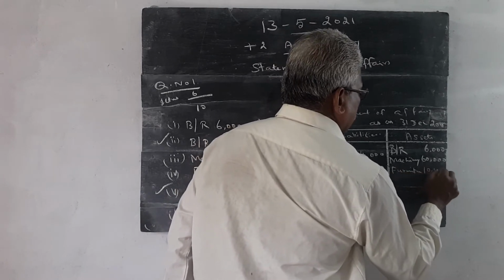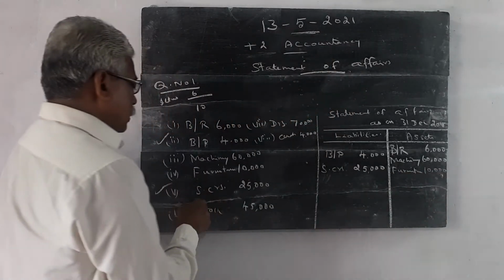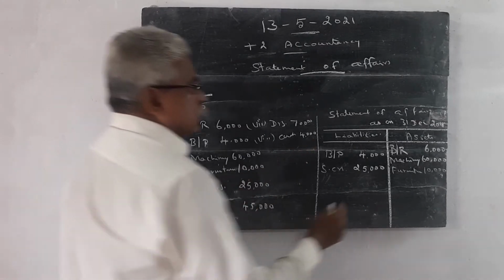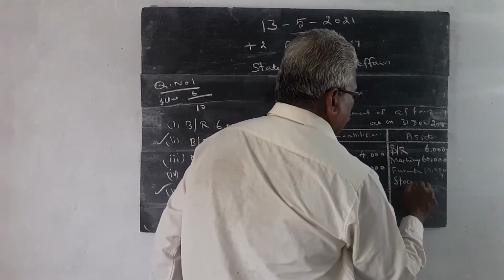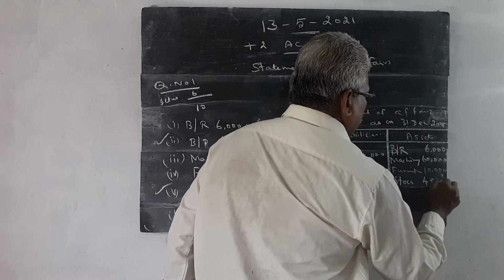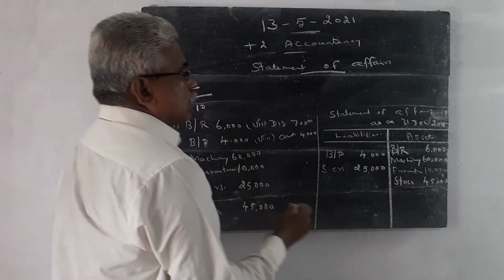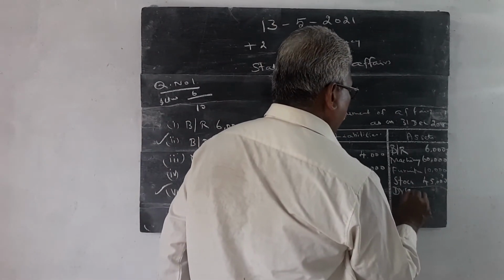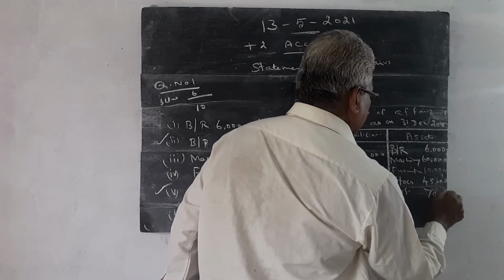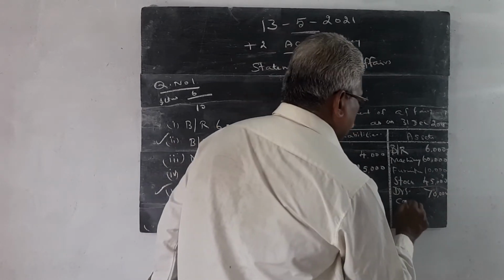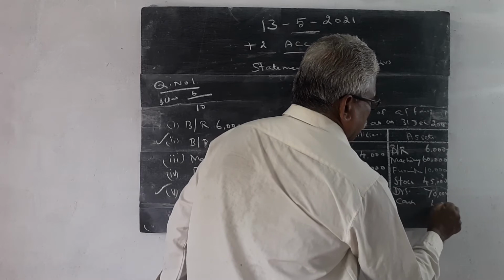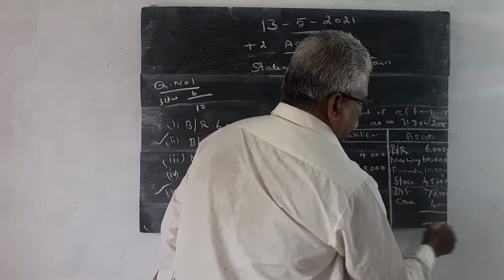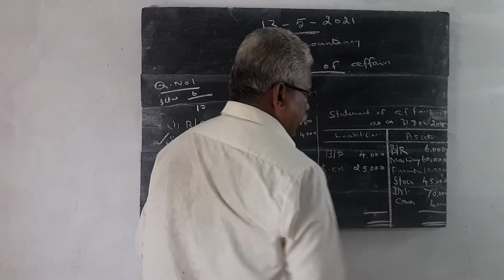Then stock 45,000. Then debtors 70,000 and cash 4,000. Total, both the totals are entered here.